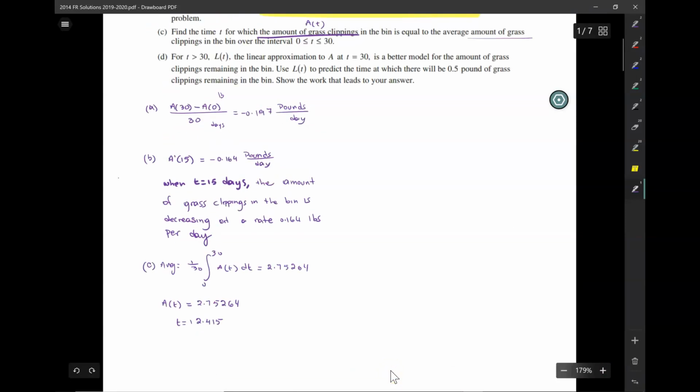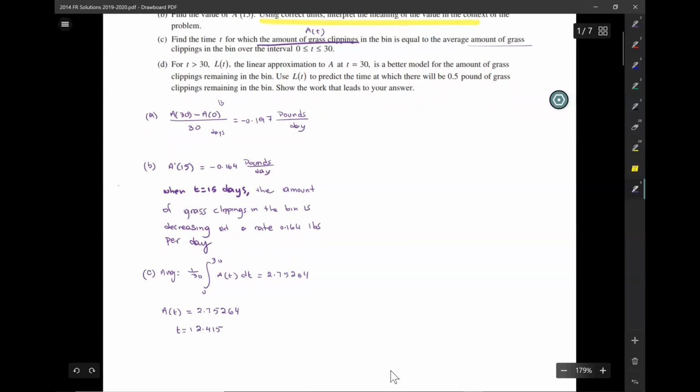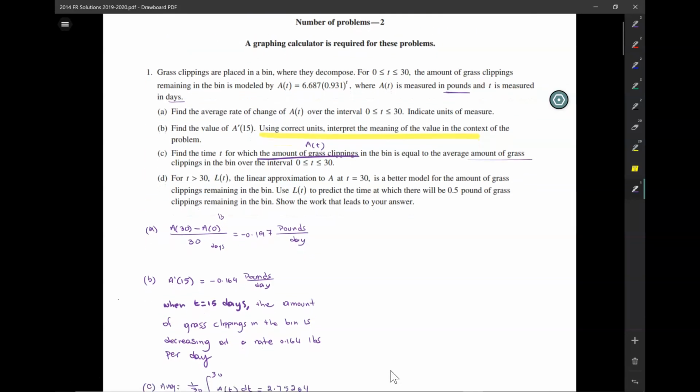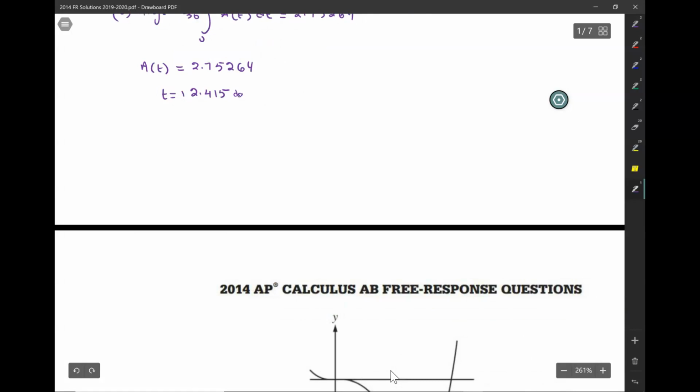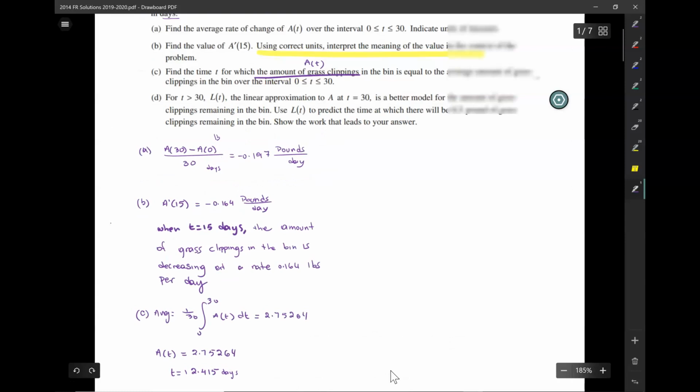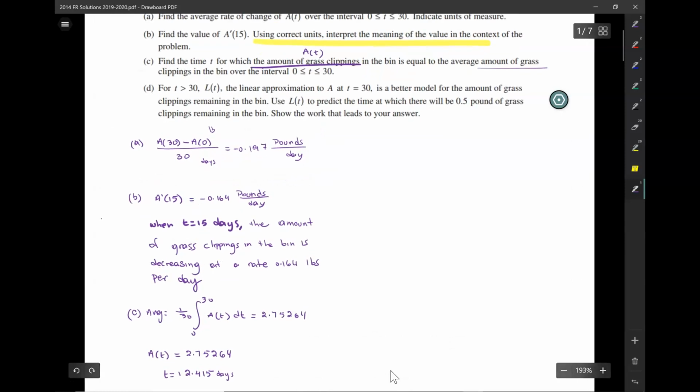So, D. What does D want? The linear approximation. T is measured in days, so you want to write days here for C. For t greater than 30, the linear approximation is a better model.